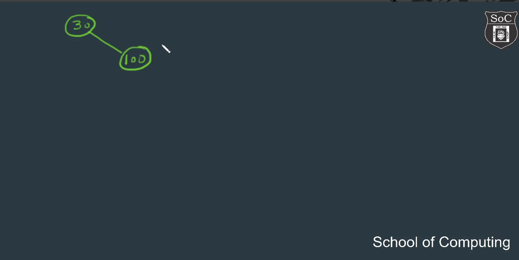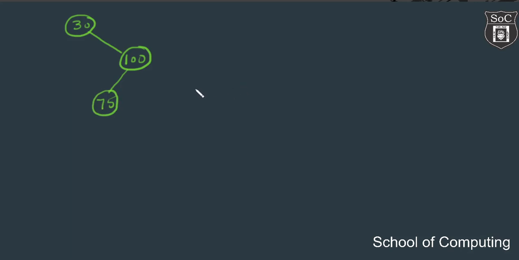Imagine if there are only two nodes, there will not be any problem. It is perfectly balanced. But after 100, let us say one value got inserted which is less than 100 and greater than 30. So let us say 75 got inserted here. This will create a problem.